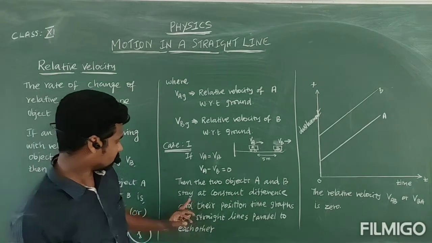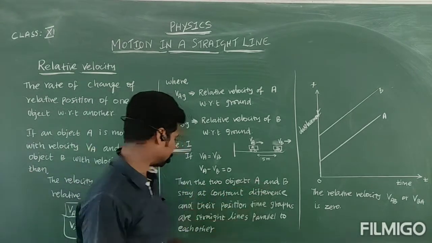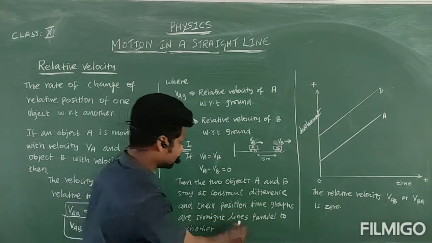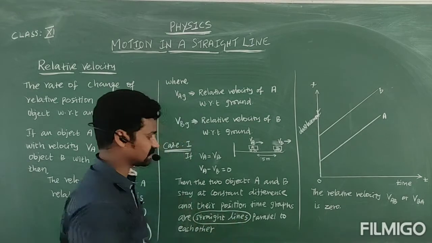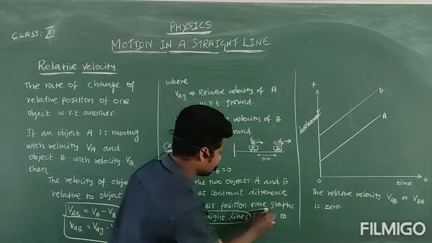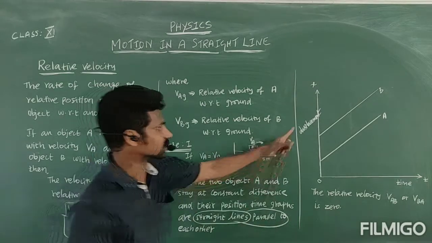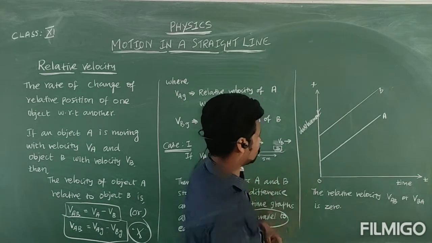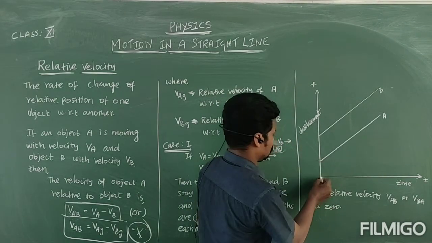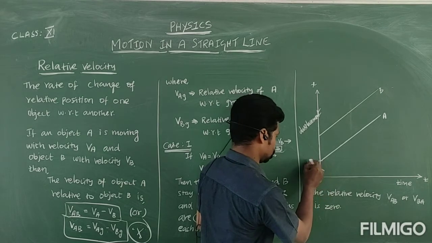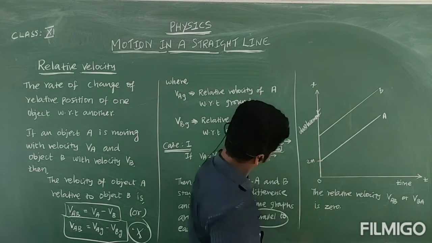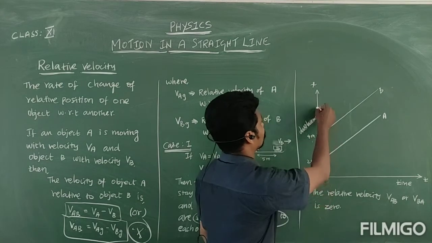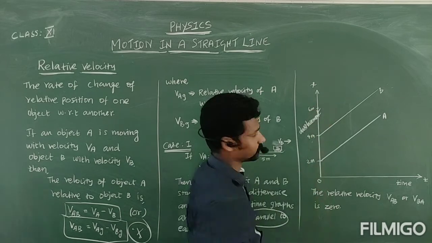So that only they mention, that the two objects A and B stay at constant difference, and in the position and time graph, we get straight lines. It's very important. We get straight lines parallel to each other. Okay, see that here. Say for example, this gap, from origin to here, 2 meter. From origin to here, 4 meter. From origin to here, 6 meter.